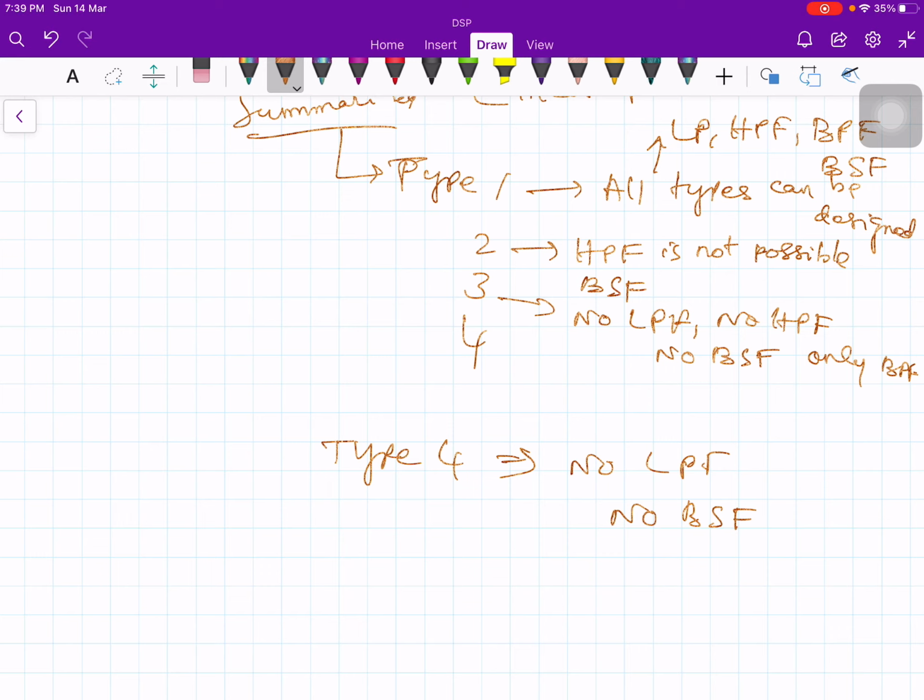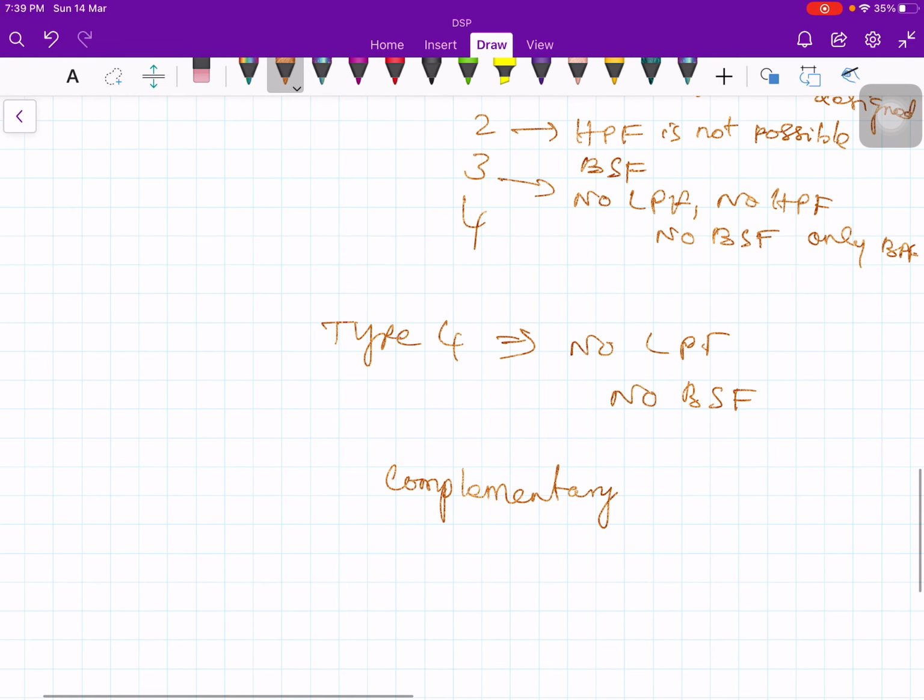The next lecture we will start with complementary filters. There are different types of complementary filters also.